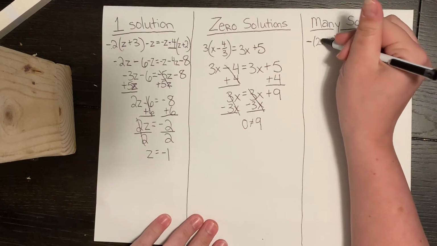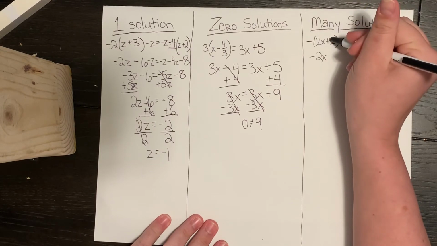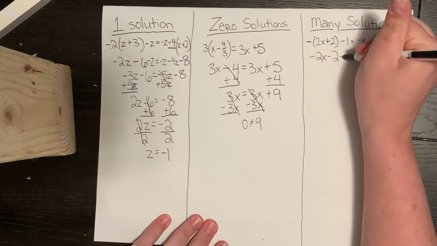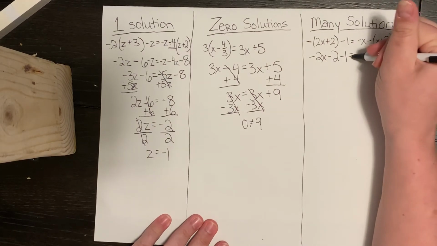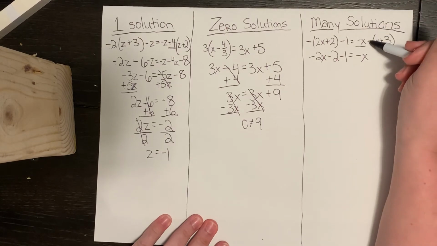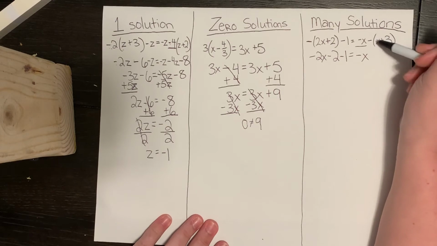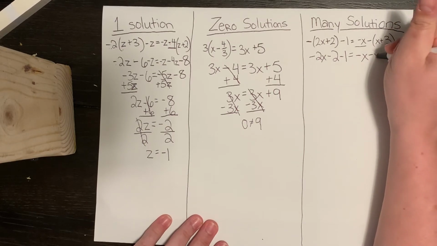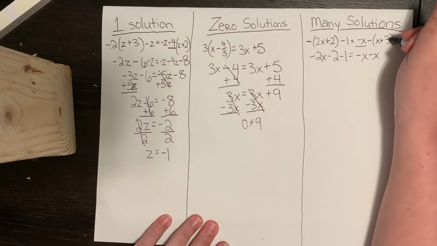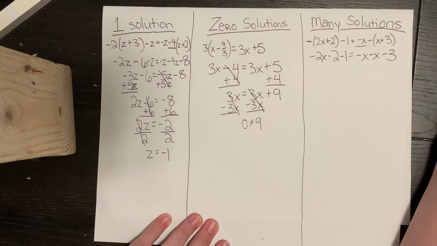So I have negative 2x, negative 1 times positive 2 is negative 2, minus 1 equals negative x, and then I've got to also distribute the negative here as well. Negative x, negative 1 times positive 3 is negative 3.